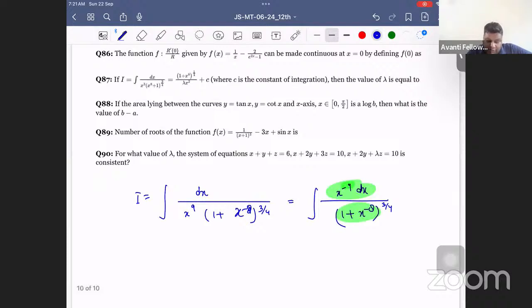Similarly, 89, you just differentiate this function once. If you differentiate this function once, you will realize this is always decreasing. Just a minute.